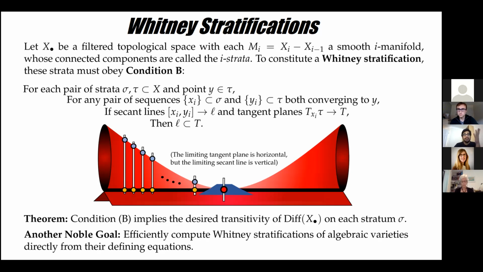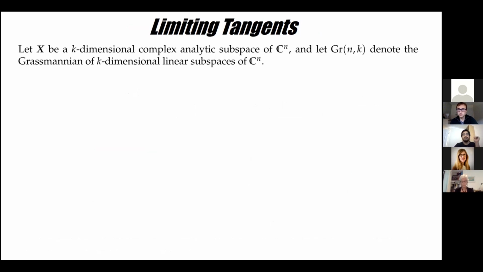So instead of trying to do any combinatorics or algebra, let's just take a step back and think about the geometry of the situation. I'm now going to move to complex numbers for the rest of the talk, mostly because I don't know what to do in real algebraic geometry. The complex picture, as usual, is much friendlier.